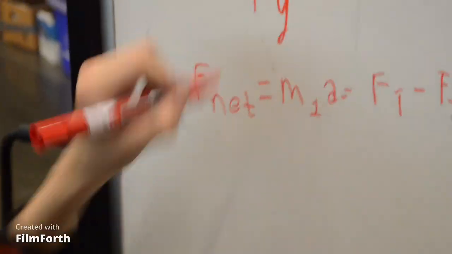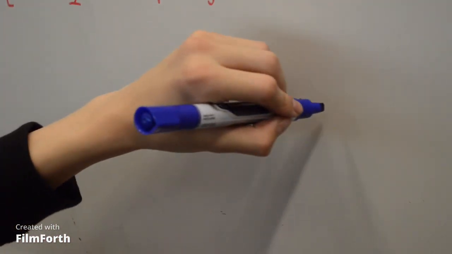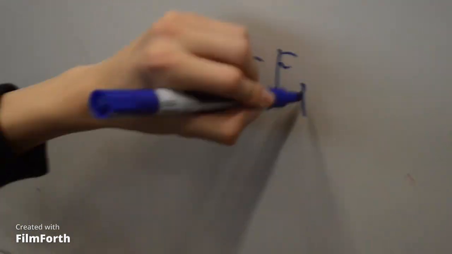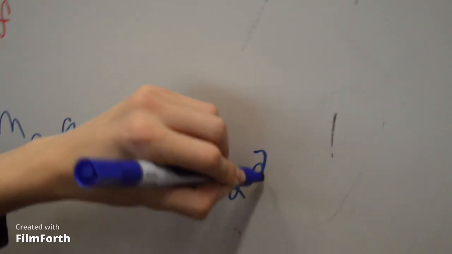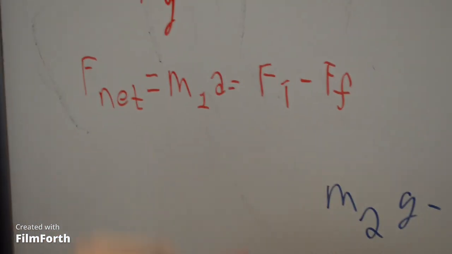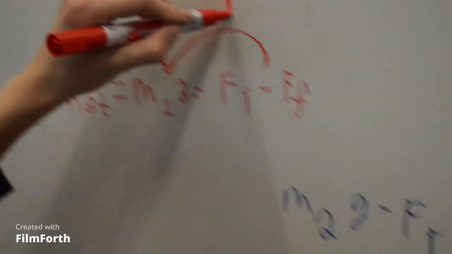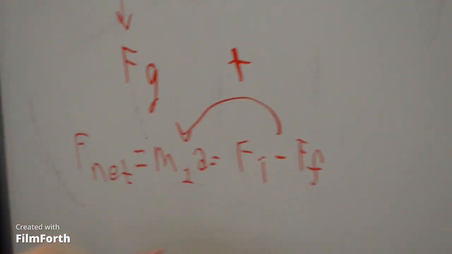So now let's go to mass 2. Mass 2 is still the same. The weight of mass 2 minus the tension force will equal its net force, M2A. Now we just do the same thing as last time. Find an expression for tension, which, if I move friction to the other side, I get that Ft equals M1A plus Ff.